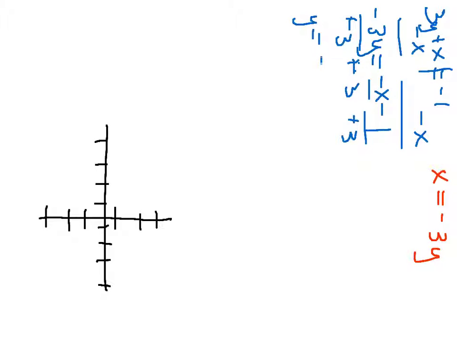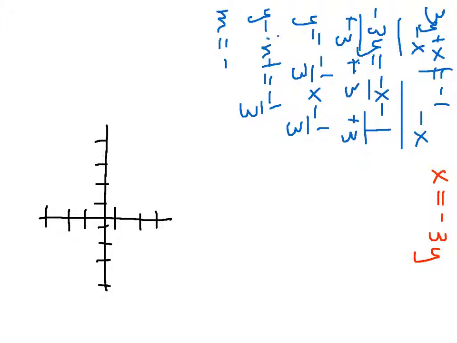And that gives us negative 1/3 x minus 1/3. Therefore, I have a y-intercept of negative 1/3 and a slope of negative 1/3. So I'm going to come down here. There's my y-intercept just about right there, right? Negative 1/3. And then I'm going to go down 1/3, down 1/3, and I get a line that does something like that.